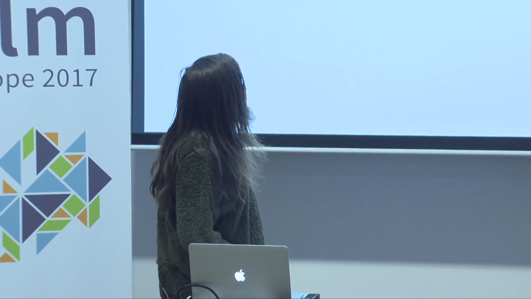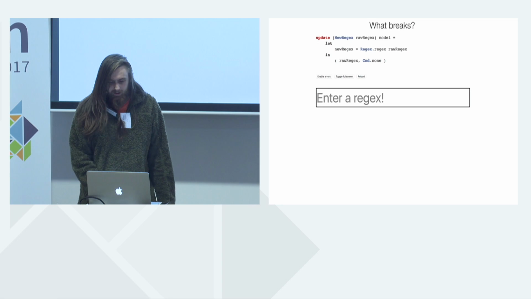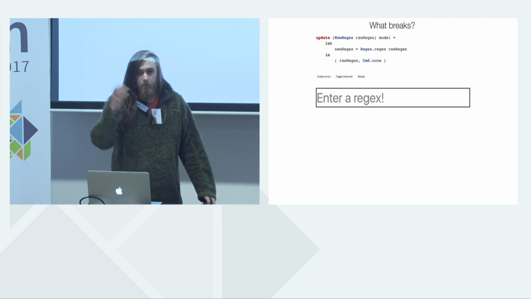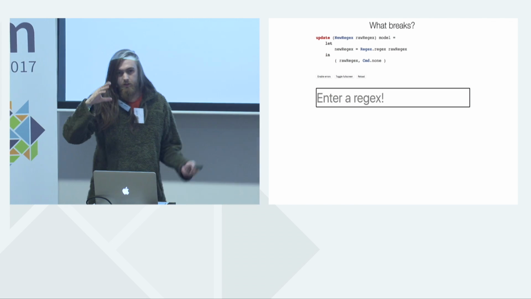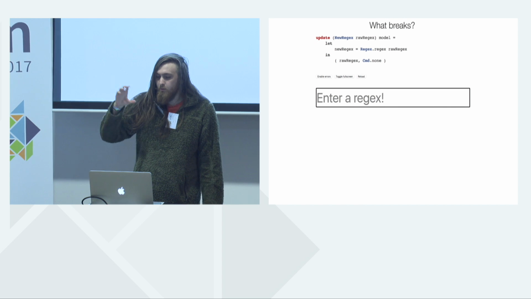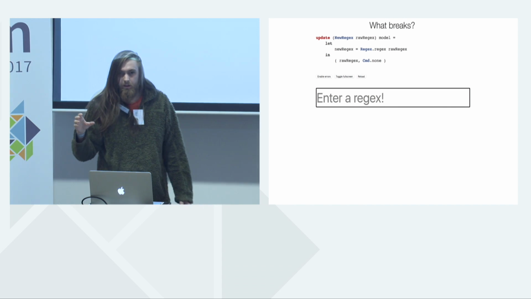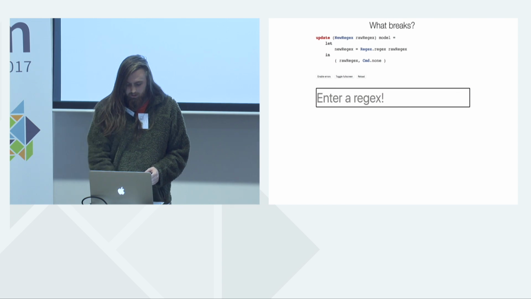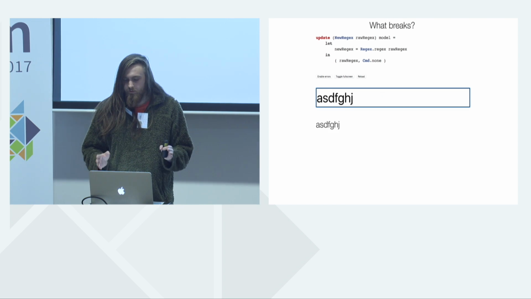And just to demonstrate why this is kind of icky right now, if we have this example update code where we take in a message which has only one possible constructor, which is new regex, and then we just create the new regex without validating it at all, then we can see that it shows up OK if it's just characters.